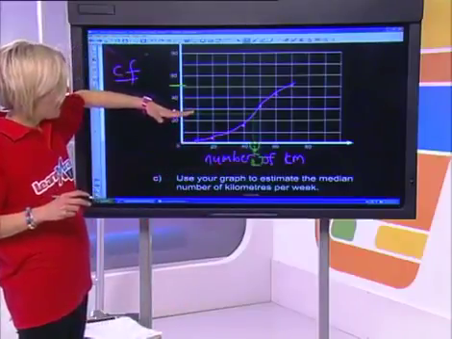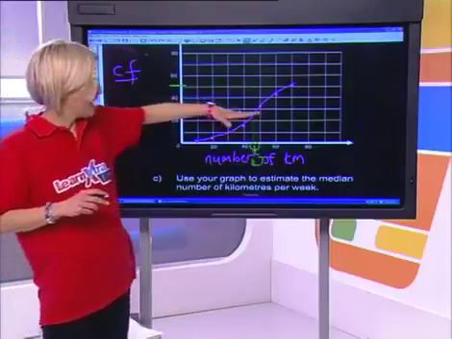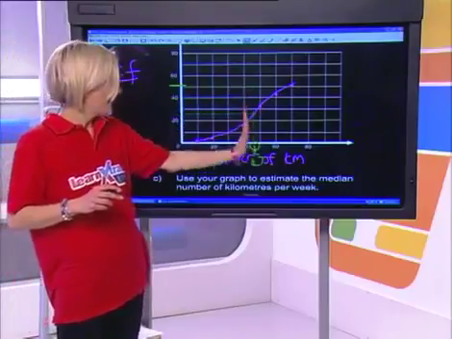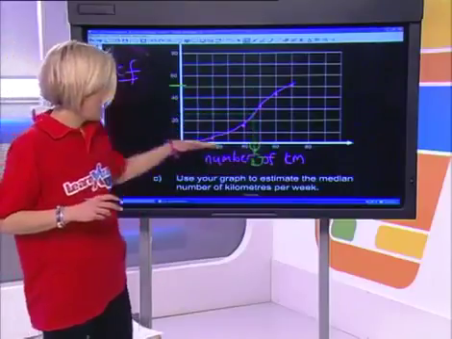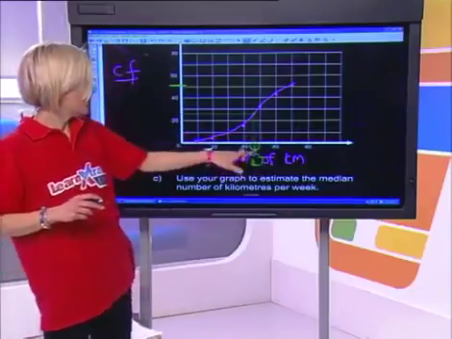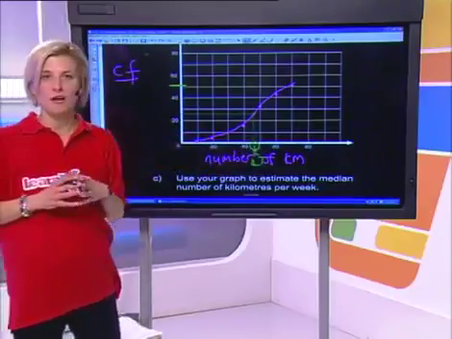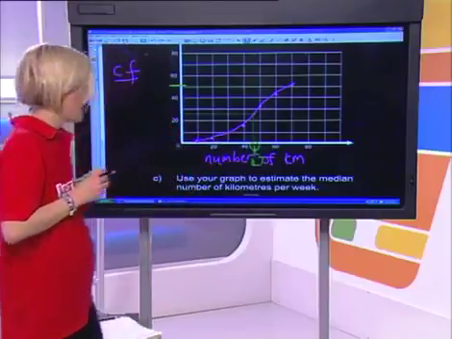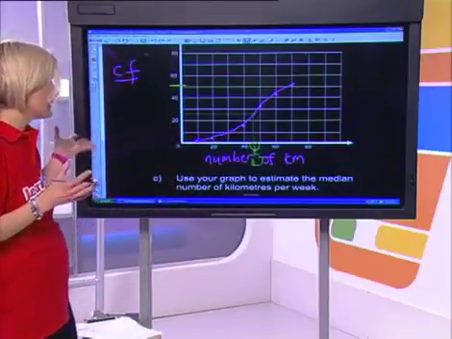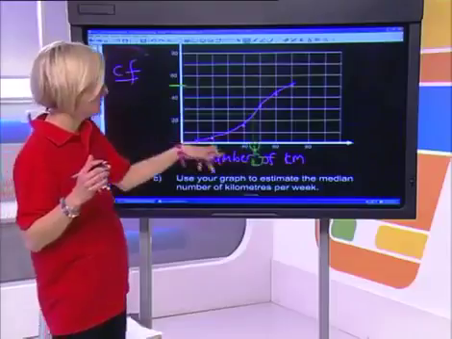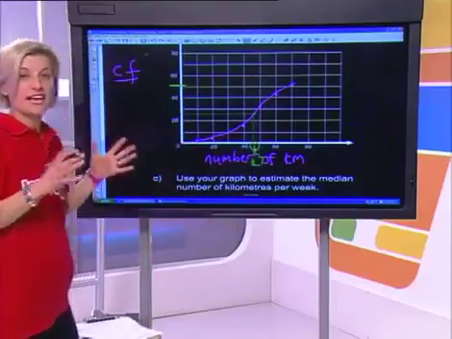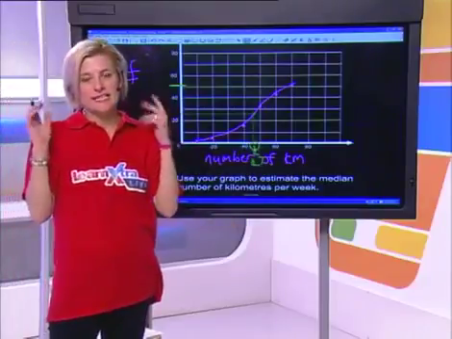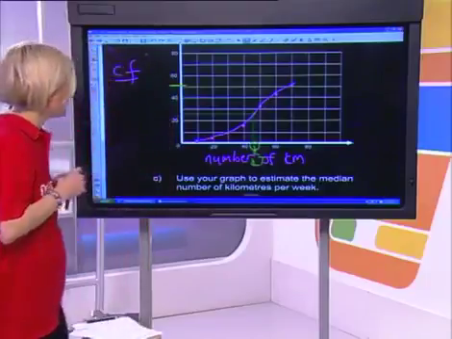I found 25 on my y-axis, I drew a line until I met my ogive, then I went straight down, and I read it off over here. So the median number of kilometers driven is about 47. It'll definitely fall in the class interval 40 to 50. So that will be my median interval if I'm looking at the intervals.